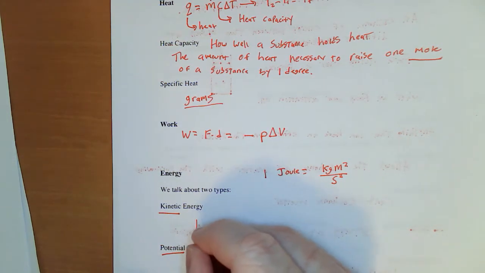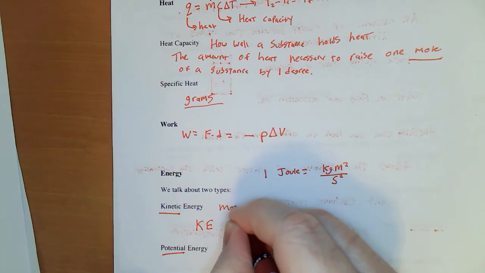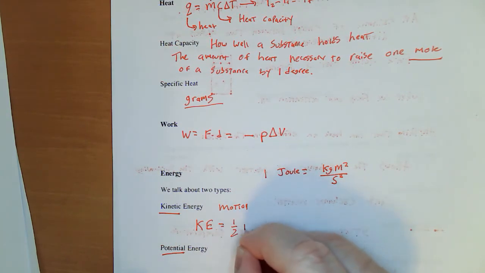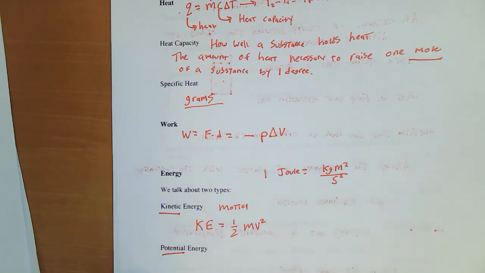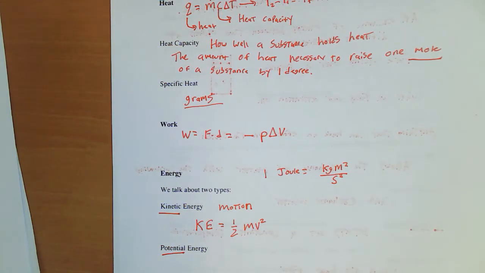Now, kinetic energy is the energy due to motion, which is calculated as 1/2 the mass times the velocity squared. Okay? Now, potential energy is positional, or some people will say the gravitational potential energy. And that potential energy is calculated by mgh.